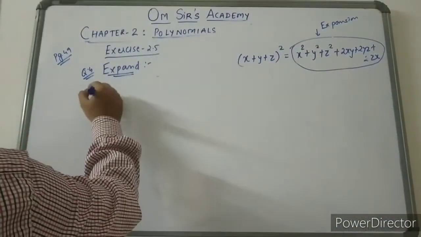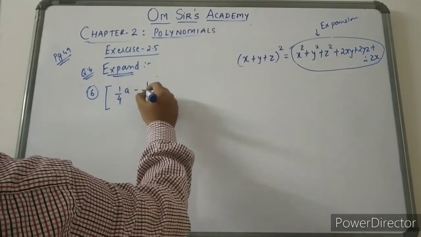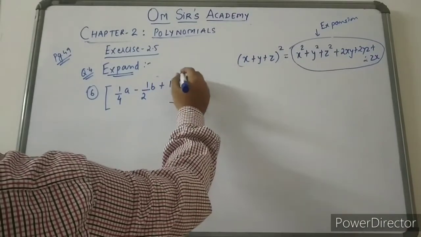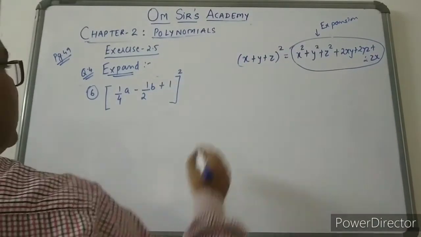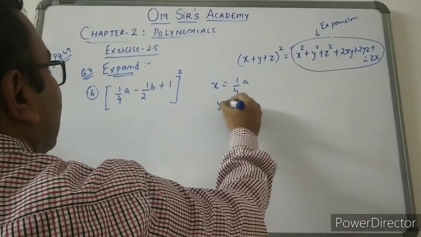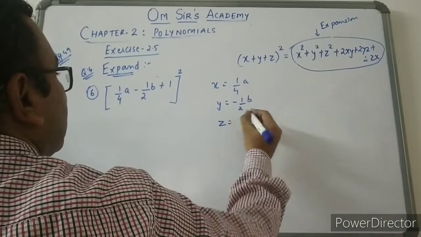The sixth one is also with 1 upon 4a minus 1 upon 2b plus 1 the whole square. So here friends, instead of x I have to take 1 upon 4a, instead of y I have to take minus 1 upon 2b, and instead of z I have to take 1.